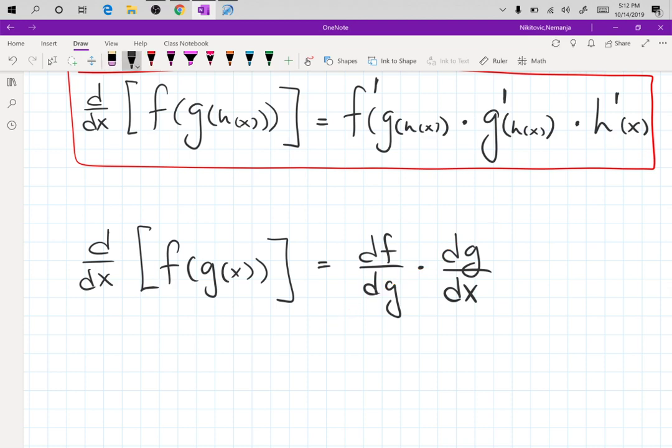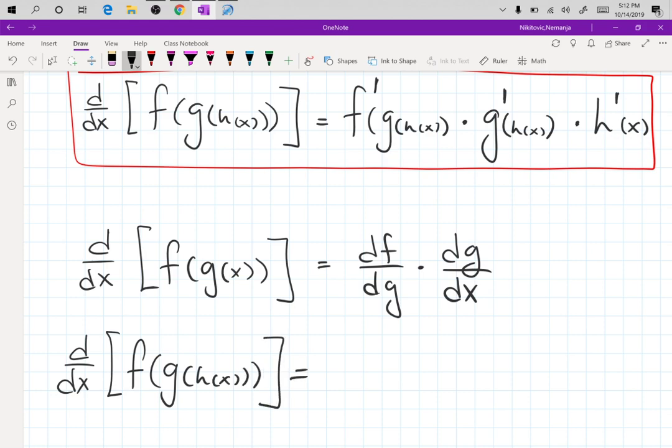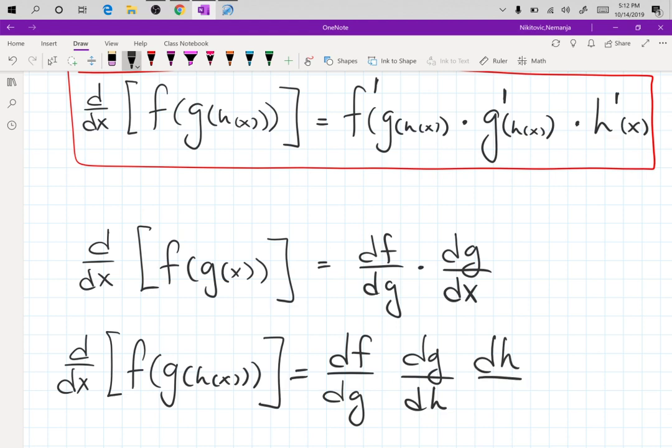Now, this notation really helps if we have multiple. So f of g of h of x is going to be the derivative of f in respect to g, so df dg, and then you have dg dh, and finally dh dx.